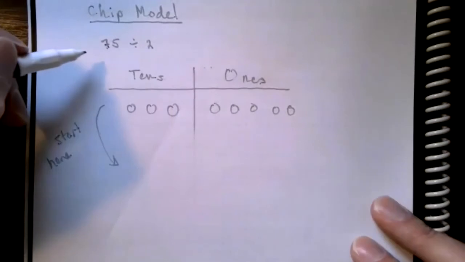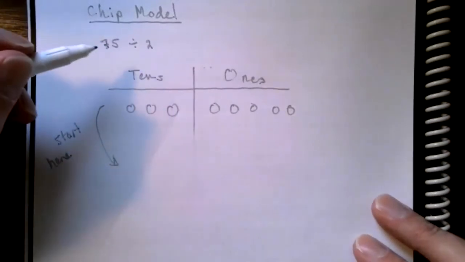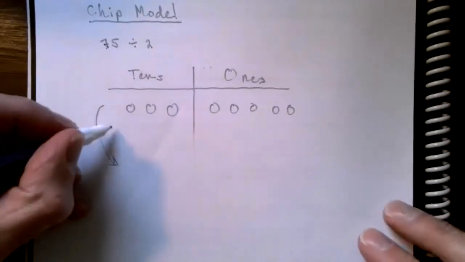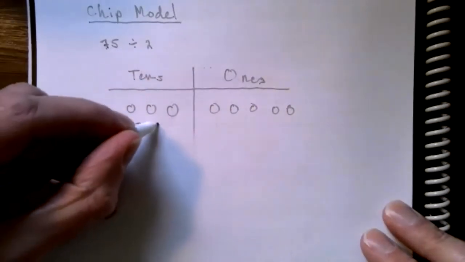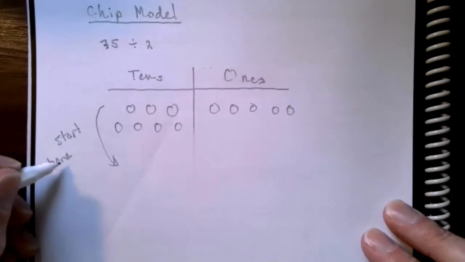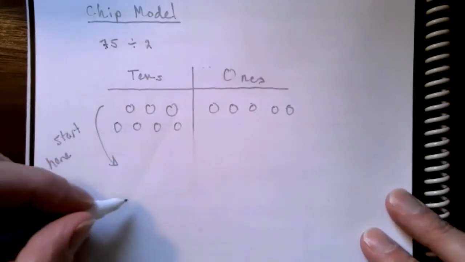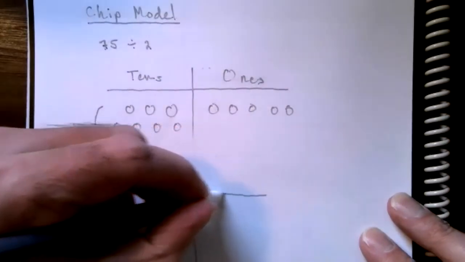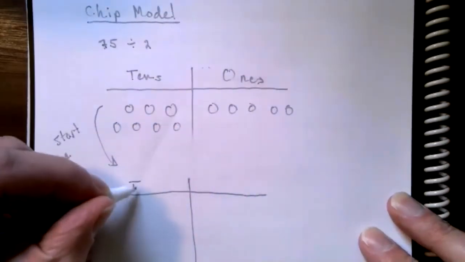Instead of 35 divided by 2, I want to do 75 divided by 2. The answer would have been too specialized, and you might not have seen what was going on if I just had 3 there.